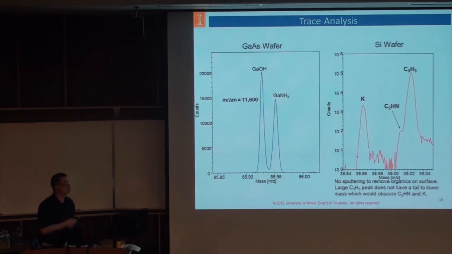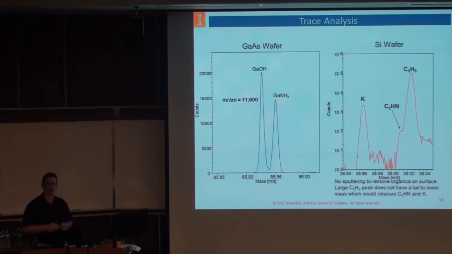With the time-of-flight SIMS, you are not limited to working at low mass resolution. You can actually get good mass resolution, for example about 11,000 here. This peak shows all three of these occur at the same nominal mass of 39, but you can resolve each of them for the organics.